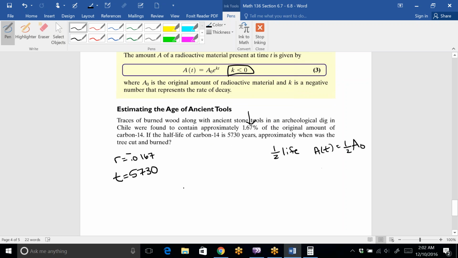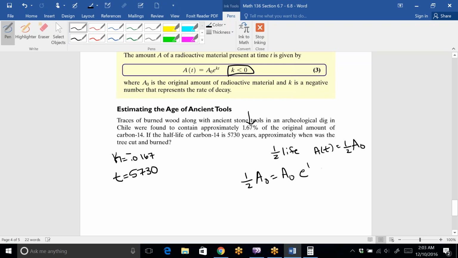All right, let's use this information first. So 1/2 of A sub 0, because that's going to be our A of t, equals A sub 0 times e to the, let's see, k for us, I called it r.